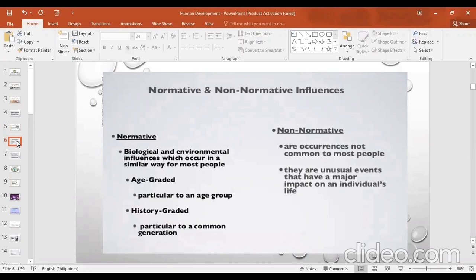So human development can be influenced by both normative and non-normative. Paano pag sinabi nating normative? It is a biological and environmental influence which occur in similar way for most people. First, paano daw tayo na-influensyahan? First, we have age graded.